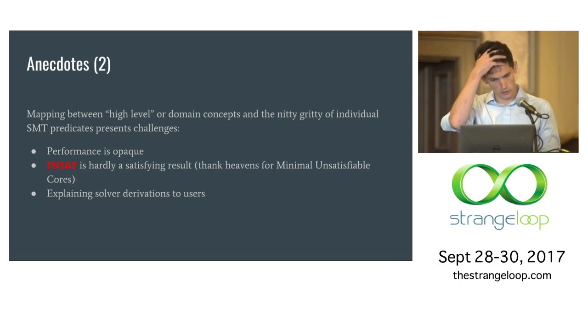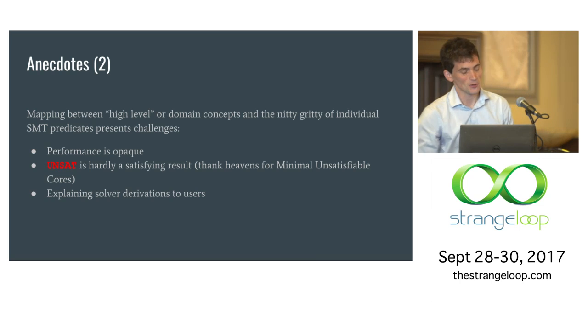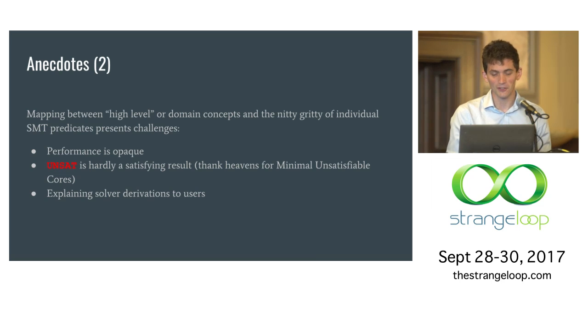Secondly, unsat is hardly a satisfying result. Getting unsat back is a little bit like your compiler helpfully telling you that there's a syntax error somewhere in your program, and if you want to run this program, you should probably figure out where it is and fix it. This isn't new, and there exist tools for expressing and extracting minimal unsatisfiable cores. So from some set of constraints, pull out the hardest part, and you can say, okay, this is the part.